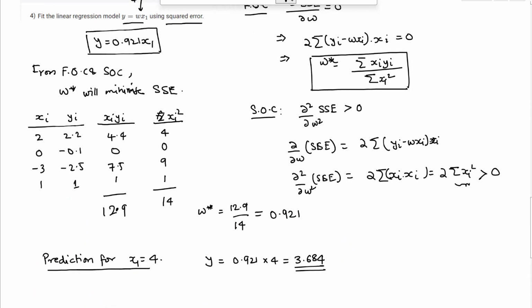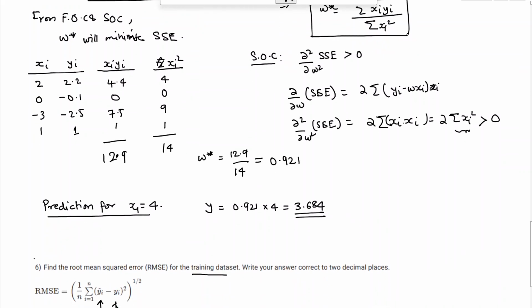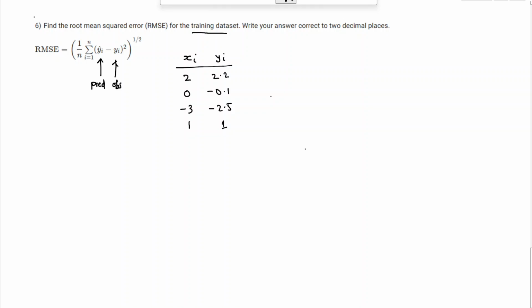The observed values are given by this. Now we need the predicted values as well, which is nothing but yi hat equals w times xi, where w is w star.